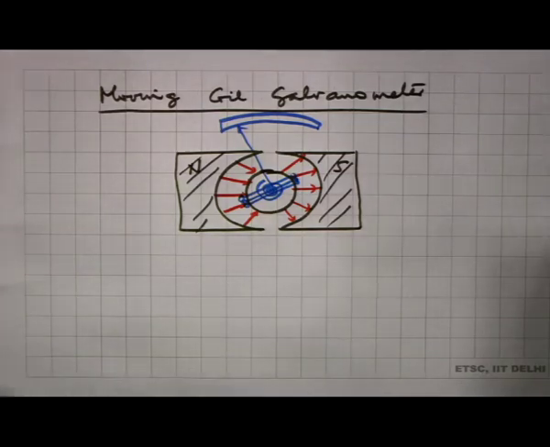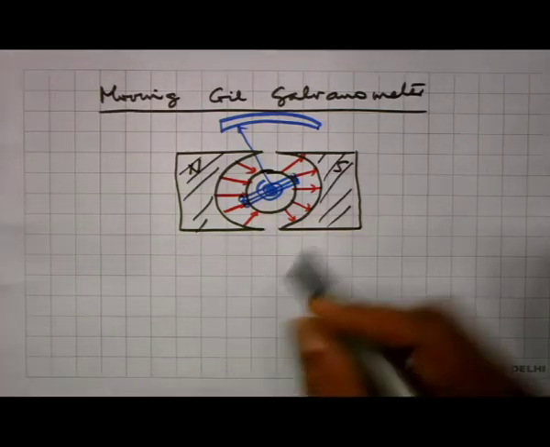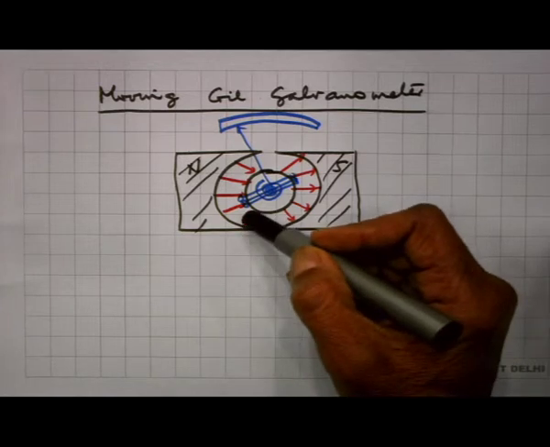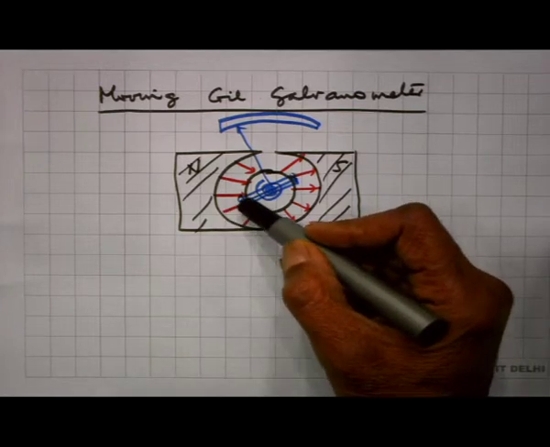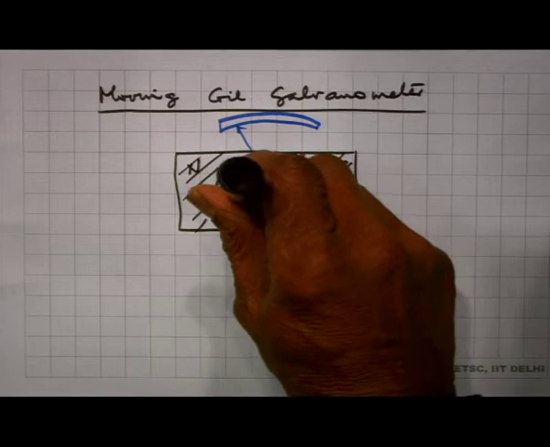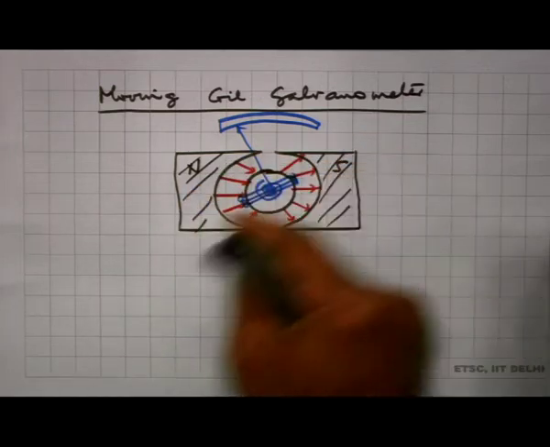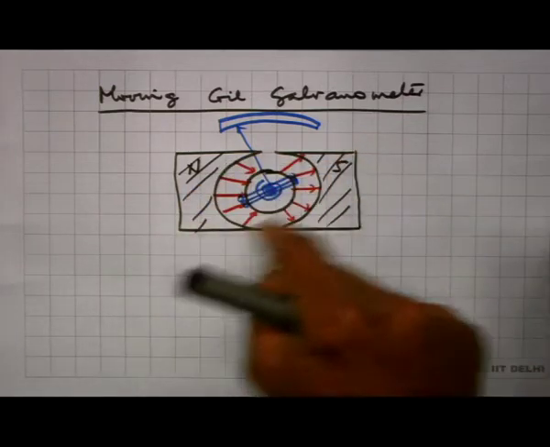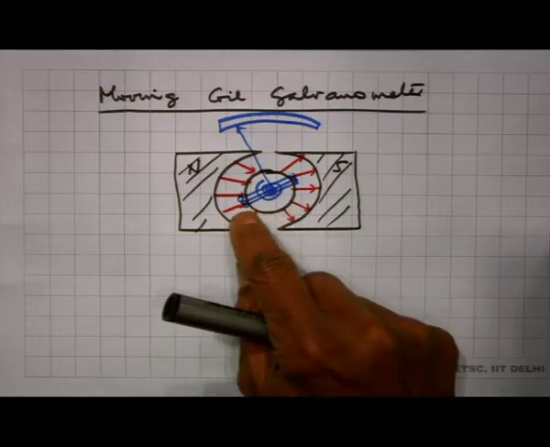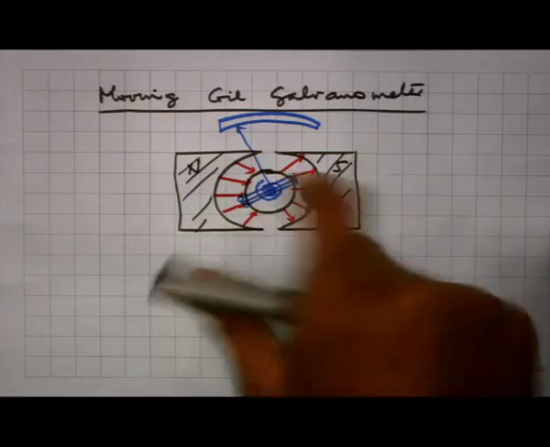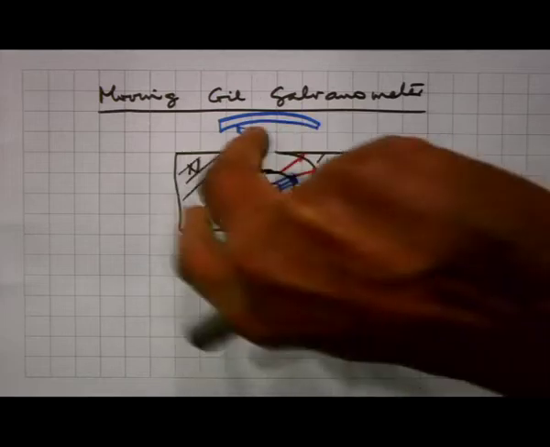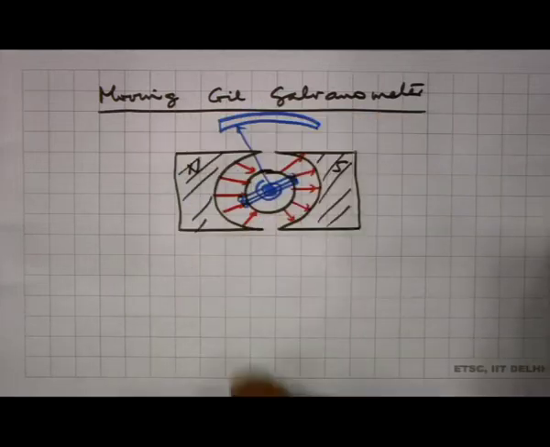So, now let me look at the operation of this. Please note that there is a magnetic field perpendicular to the direction of the coil. The coil is vertical like this. So, the coil is coming up from here and going back. So, the coil is around the soft iron core, and this current carrying coil is free to rotate about this axis here, and it is connected to a spring.